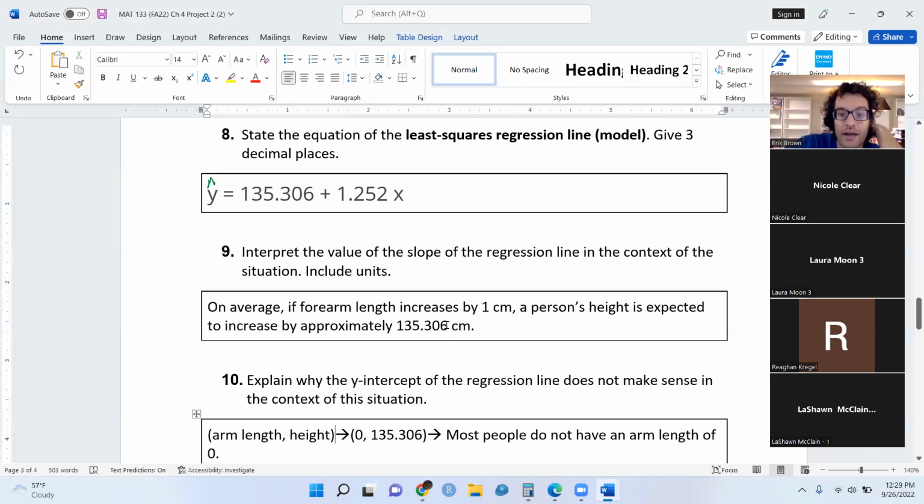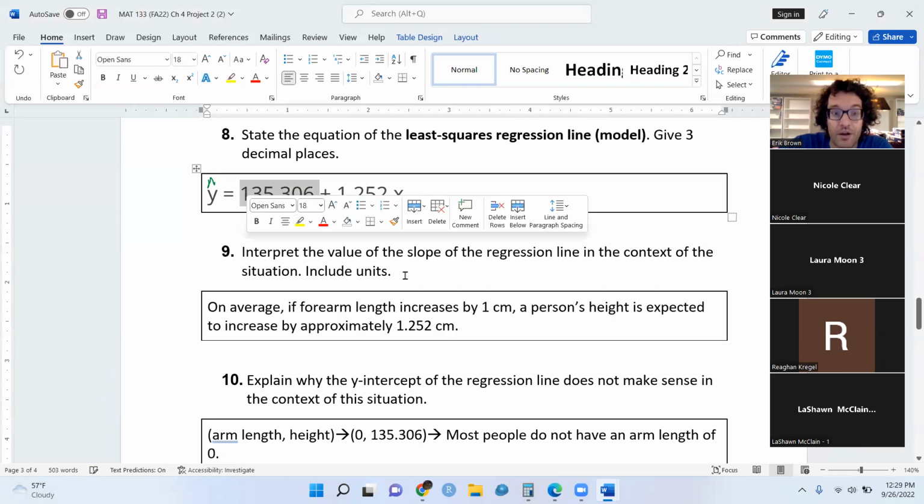Go back to number 9. I missed this. We used the Y-intercept instead of the slope in the interpretation of the slope. So for number 9, on average, if forearm length increases by 1 centimeter, a person's height is expected to increase by approximately 1.252 centimeters is the number that should go there.